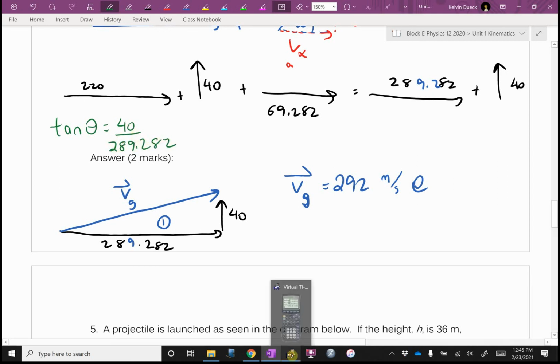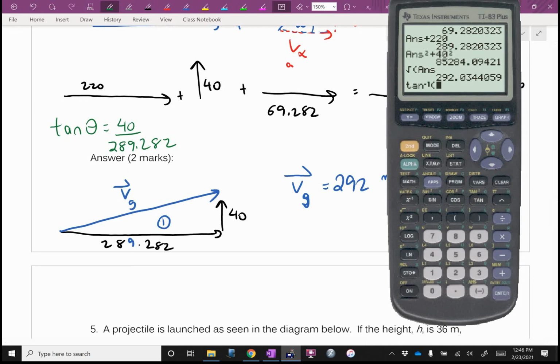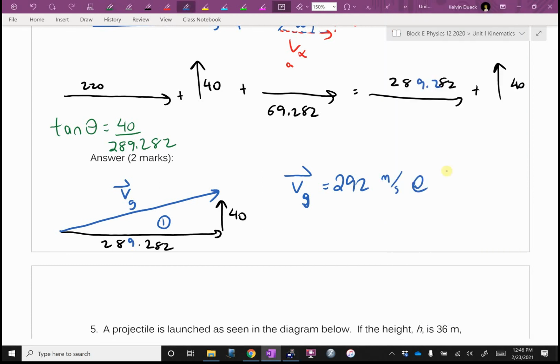It's going to be a pretty small angle. 7.87, is that what you said? If you said 7.9 degrees, I'm fine with that. North of south, east of west, what of what? Is that what you got? Okay.